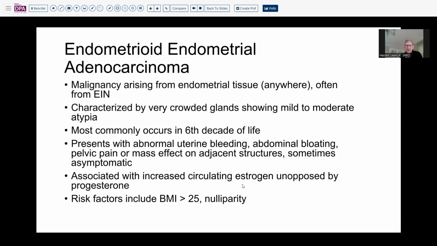They usually have estrogenic stimulus going on, either due to a concomitant estrogen-producing neoplasm, or most commonly due to a prolonged period of hyperestrogenism related to either obesity or anovulatory cycles.